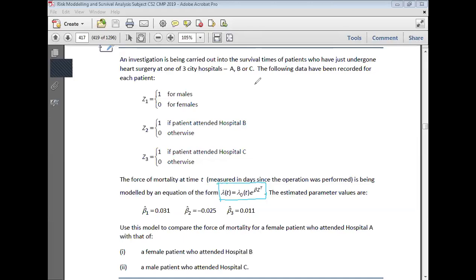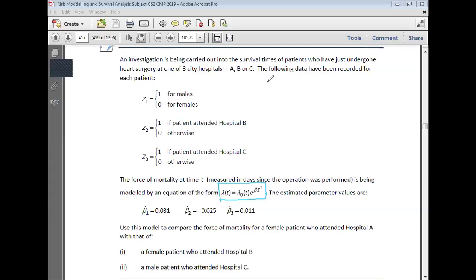So what do you guys think I should do first? We'll have to calculate lambda t for A and B, like for patient A and patient B. All right, so let us try to do that.